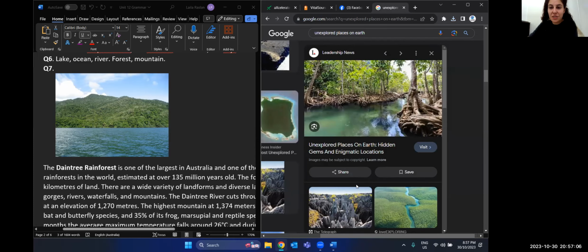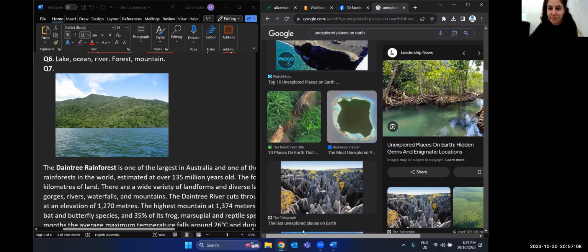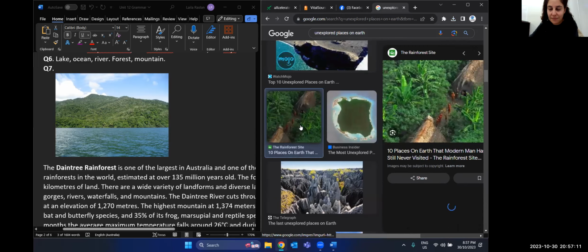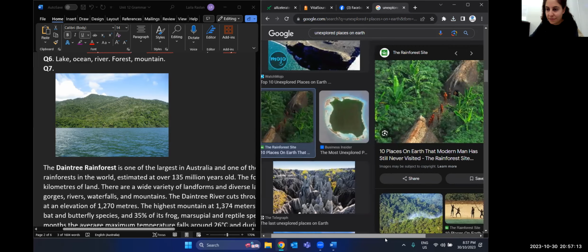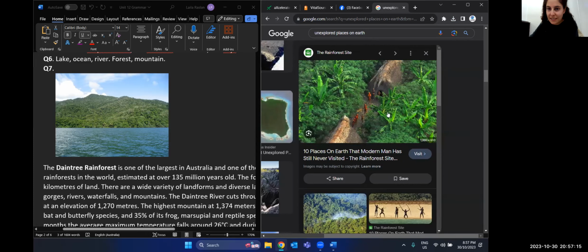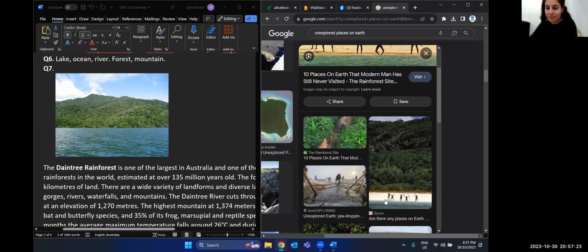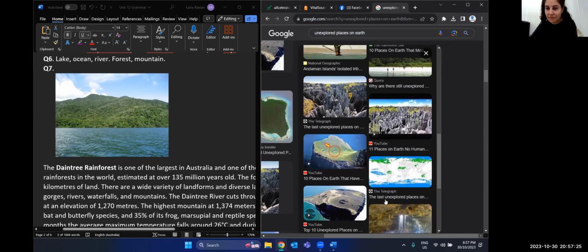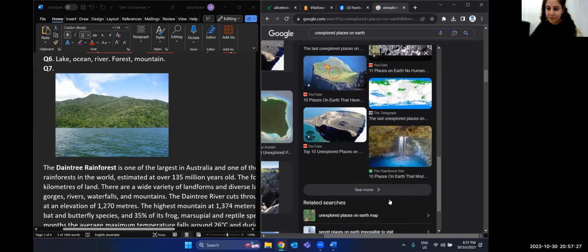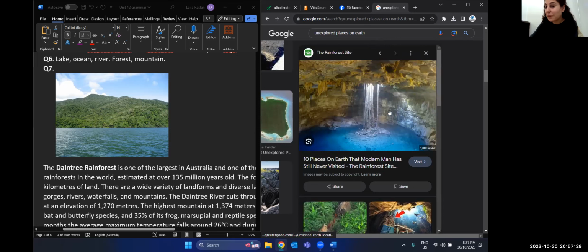So add an image as well. Don't forget to add a picture. This is another place. Could be a forest, a river, a lake, an ocean. Could be a place like this, caves, maybe caves.